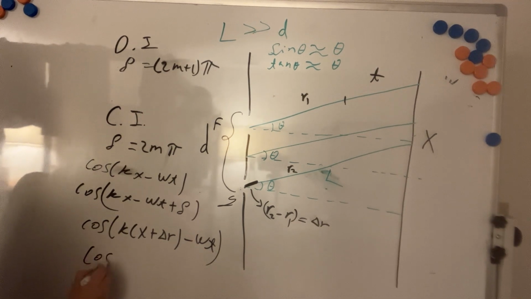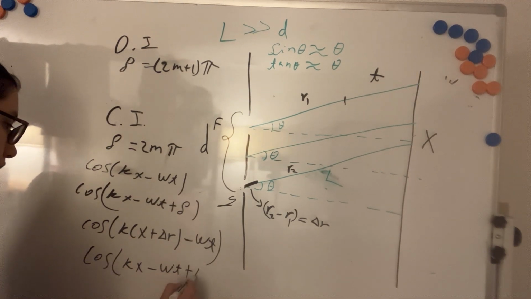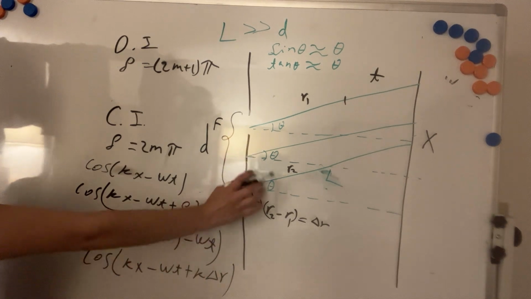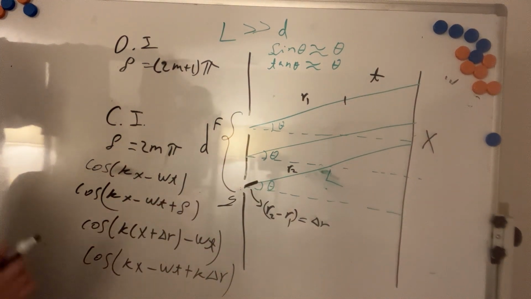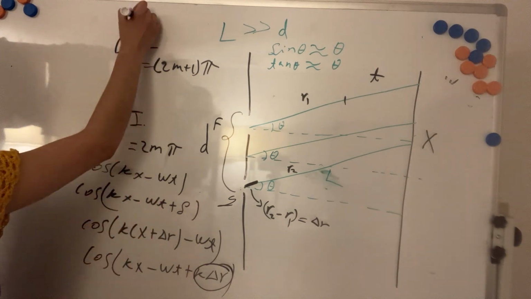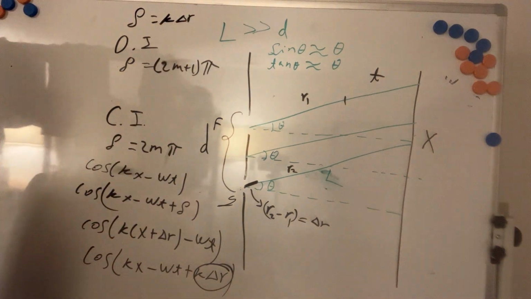This is the same as cosine of kx minus omega t plus k delta R. So we see that this wave has a phase of k delta R. That's the phase.